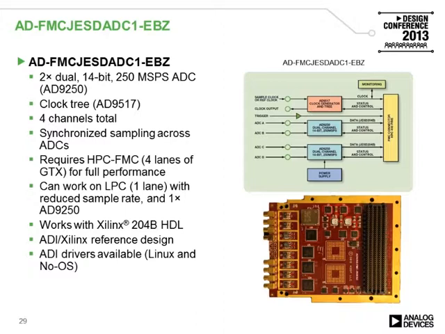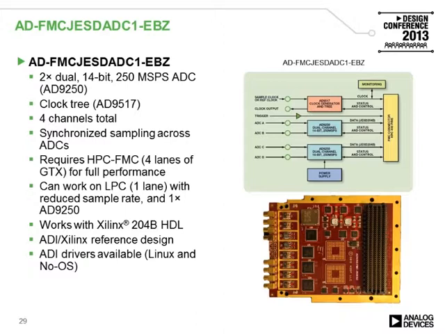The Analog Devices AD-FMCJESDADC1-EBZ is a high-speed data acquisition rapid development board providing 4 14-bit ADC channels at 250 megasamples in a FMC form factor. It contains two AD9250 dual analog to digital ICs, which support high-speed serial JESD204B coded outputs for improved FPGA connectivity.